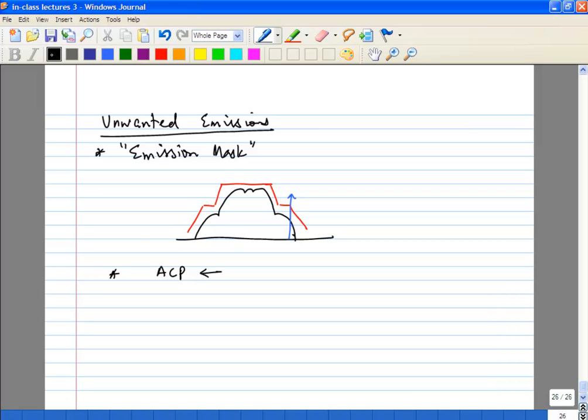And usually the power levels are still high enough that you will be limited more by linearity rather than noise. Different standards have different requirements. CDMA calls it ACPR, WCDMA calls it ACLR, or adjacent channel leakage power ratio. GSM calls it ORFS, or output radio frequency spectrum. They all mean the same thing. They are basically defining an emission mask.